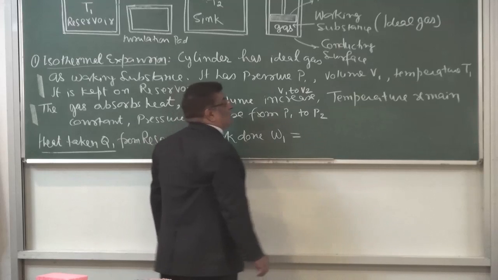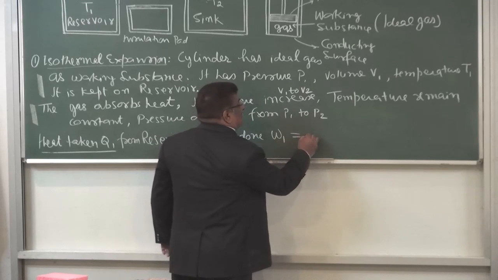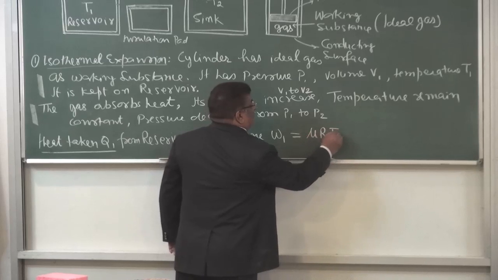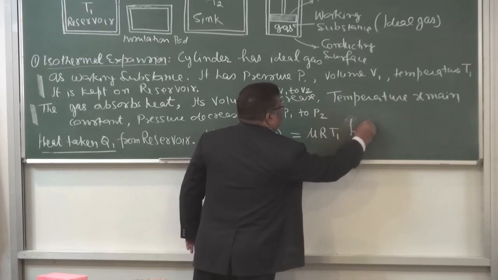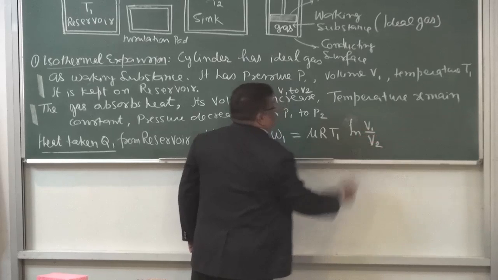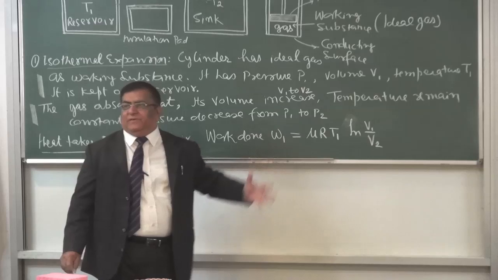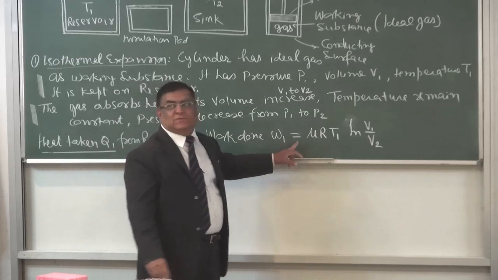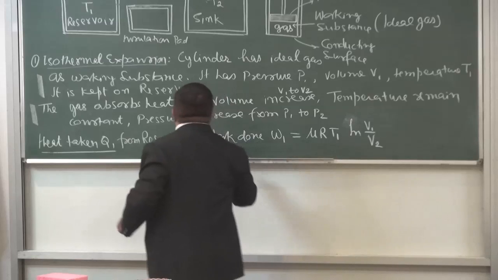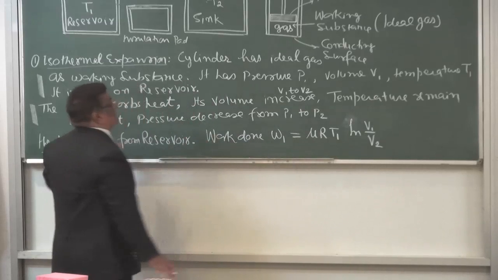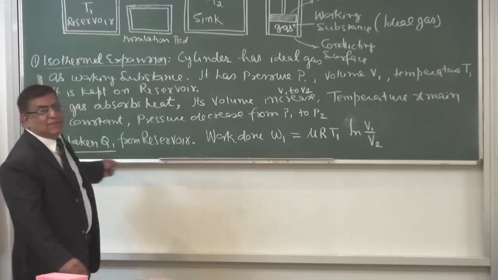When the volume changes from V1 to V2 at temperature T1, then the work done is mu R T1 log V1 upon V2. This we have done in the previous class. So this is work done mathematically. Then after this, these are the expressions, and we will make an indicator diagram.